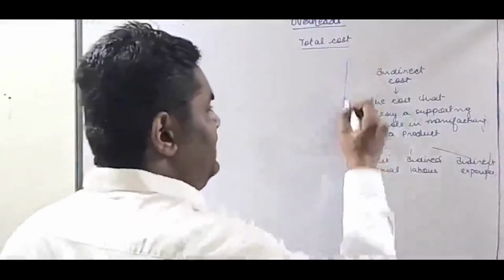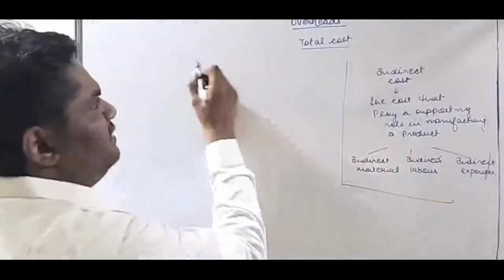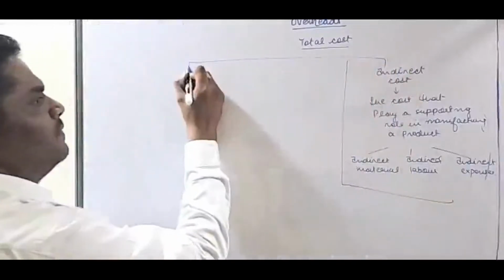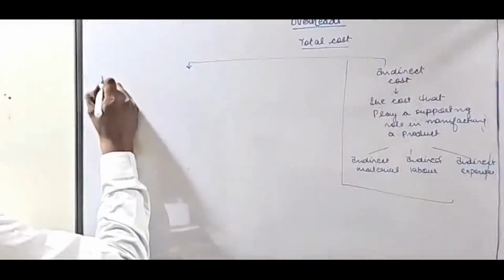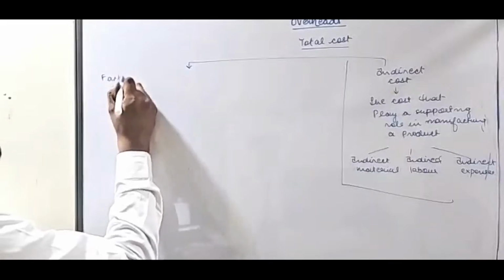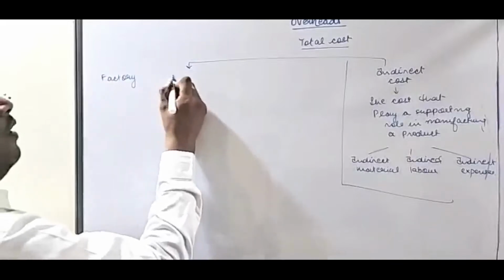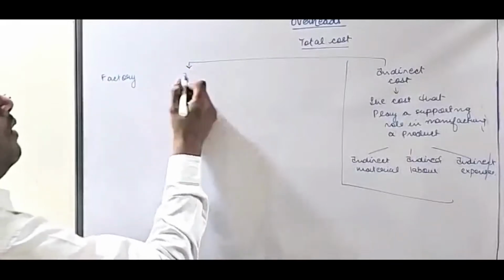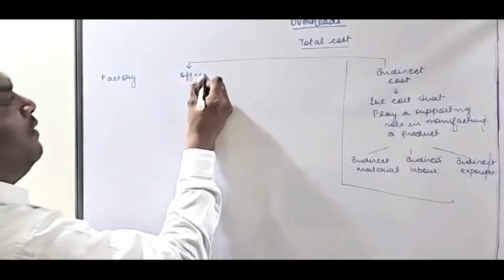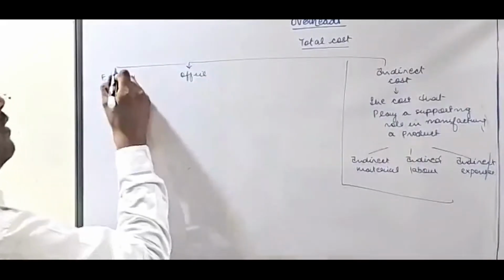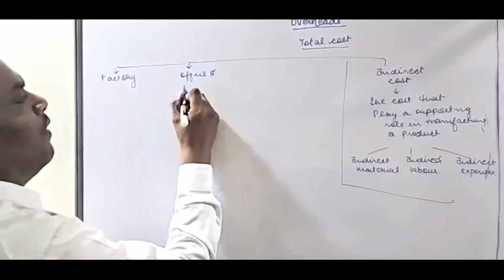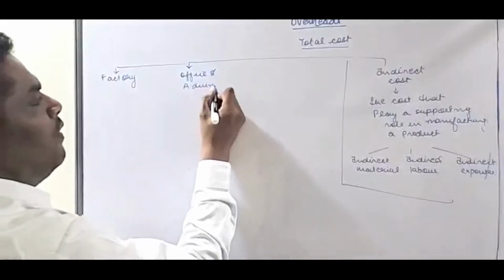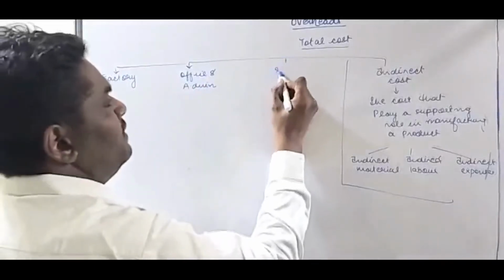Now, further, this indirect cost is also incurred at 3 stages. That is at factory, second is office and admin, and third one is selling and distribution.